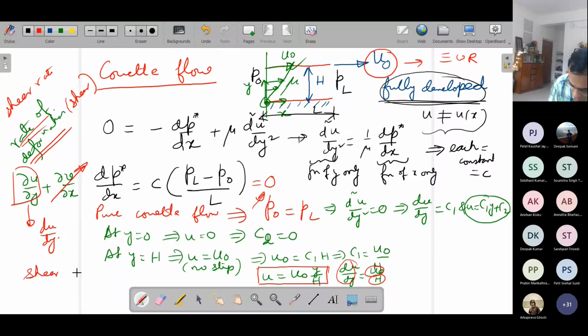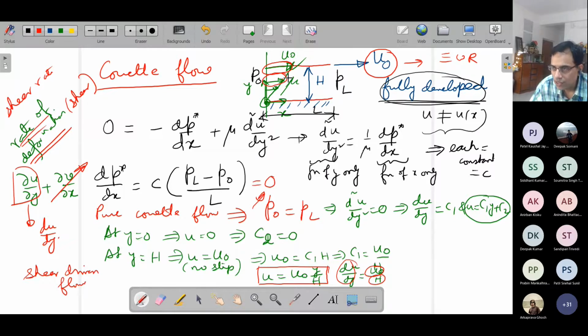So here, physically the flow is taking place purely by the action of shear. You have a shear force at the top plate, and by the no slip boundary condition, the fluid there is moving with a velocity u0. The fluid layer immediately below doesn't directly feel the effect of the plate.